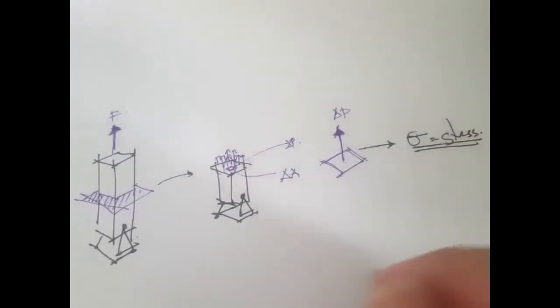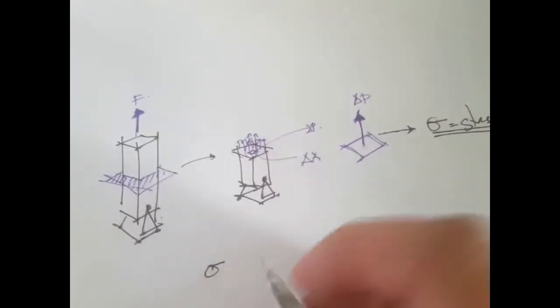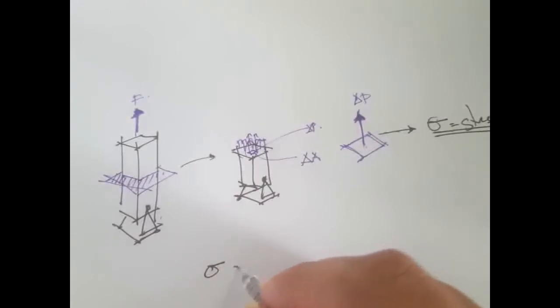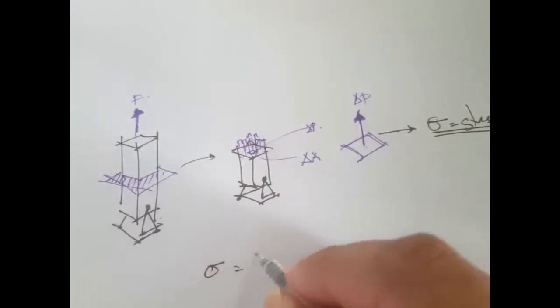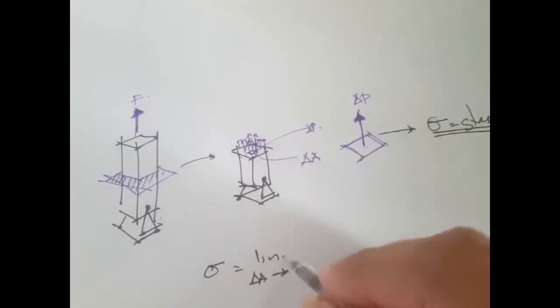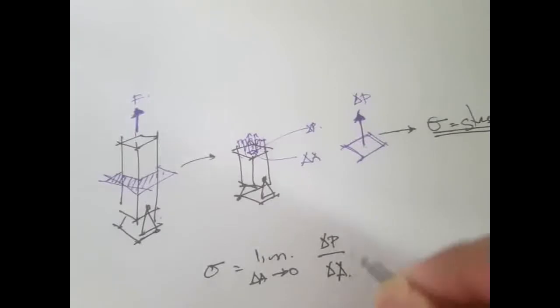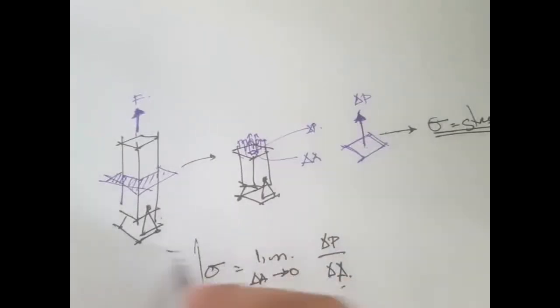So that's why we write the equation as sigma is equal to the limit of delta P all over delta A, as delta A approaches 0.